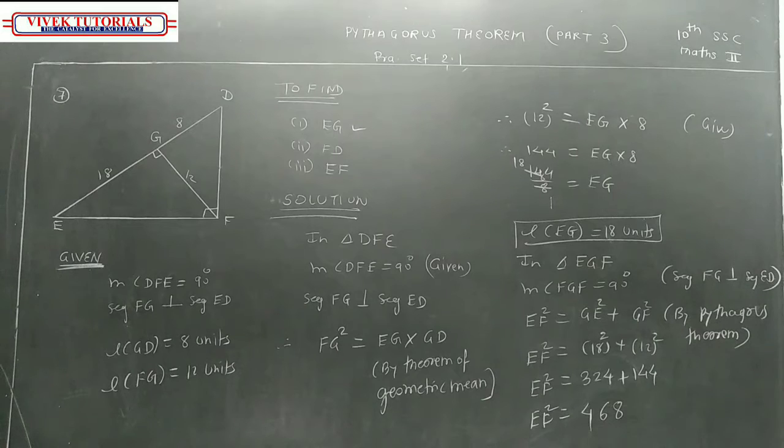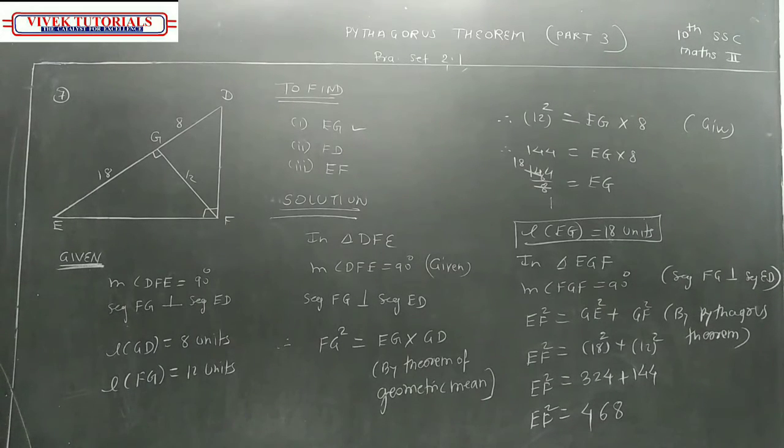So let it be like length EF is equal to root of 468 units. Write only this much and leave it. Okay.